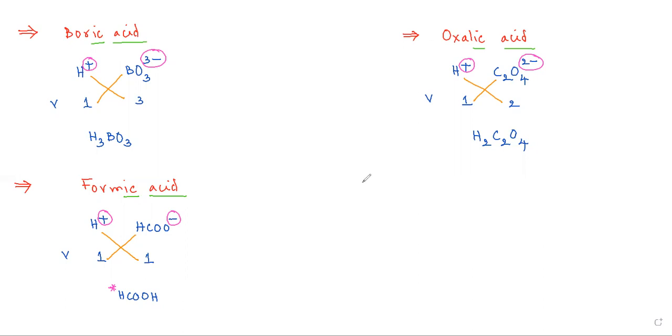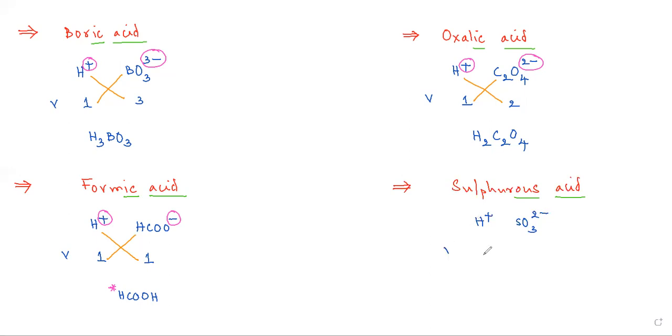Okay. Next. We can take sulfurous acid. Here it is ous acid, right? Let us consider the ite ion. The formula of the ite ion, I mean the sulfite ion, is SO3 2 minus.